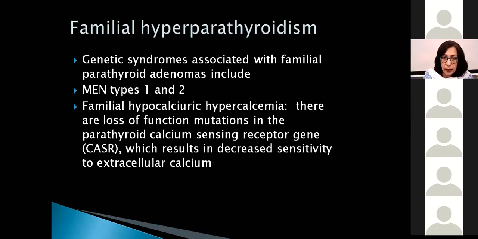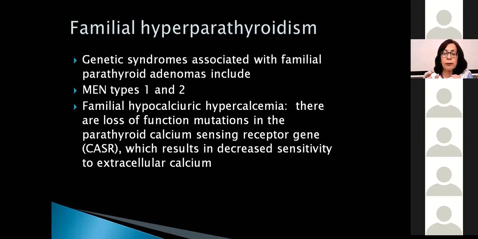Why does this occur? There are loss of function mutations in the parathyroid calcium sensing receptor gene. Because of that mutation, the parathyroid gland is not sensing calcium. There is calcium present in the body, but the receptor is not sensing it.